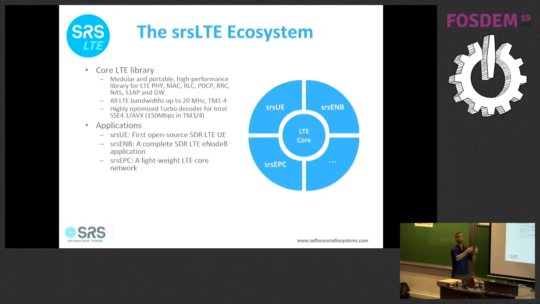But then on top of the core library, there is srsUE, as I said, srsENB, which is a fully functional LTE eNodeB, and our most recent offspring srsEPC, which is a lightweight core network implementation. And there's a bunch of other commercial products that also build upon srsLTE or the core library.